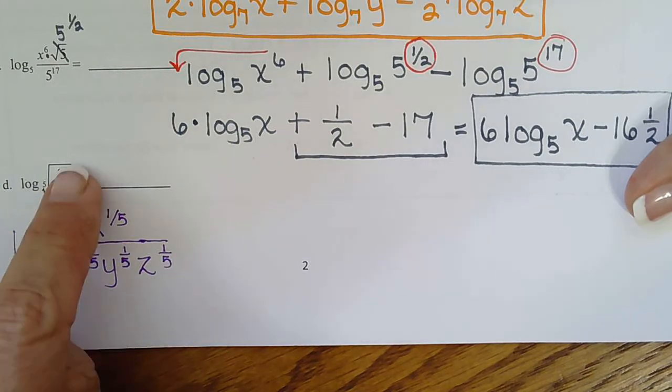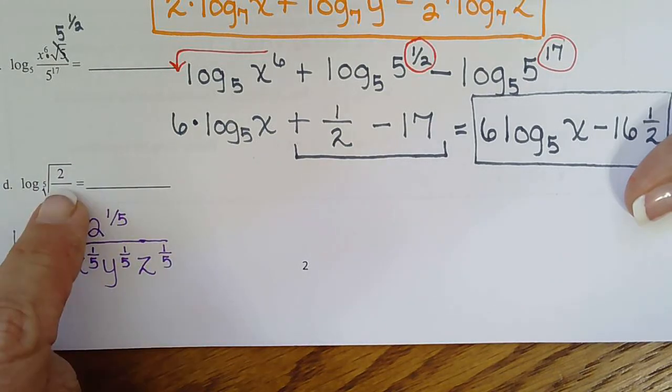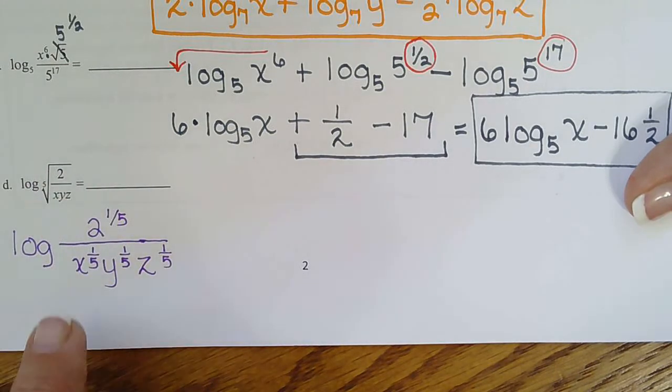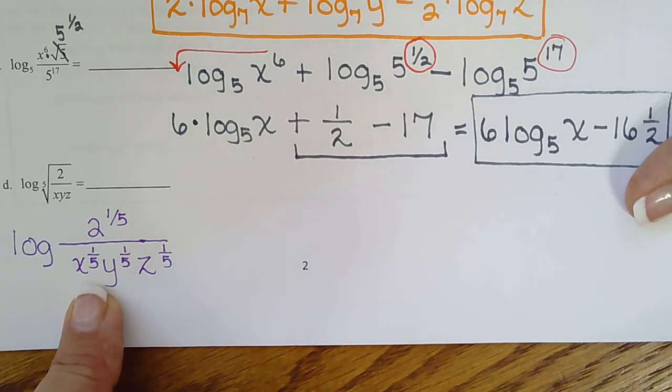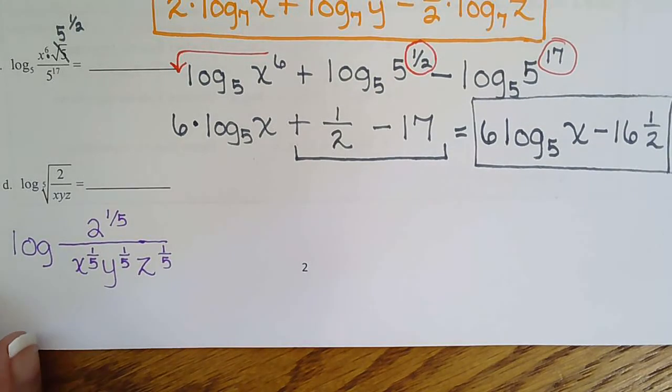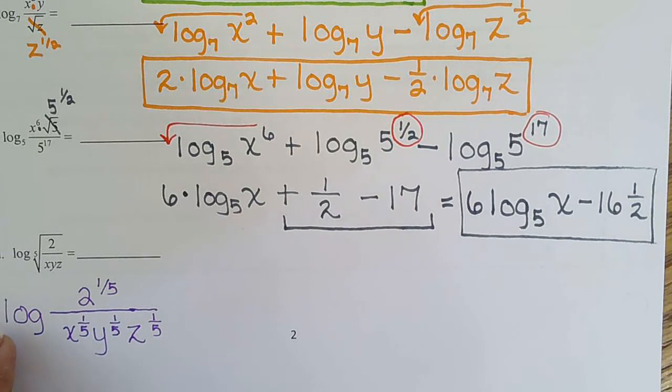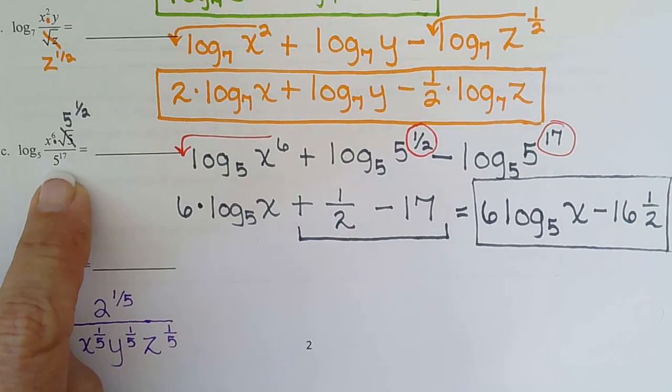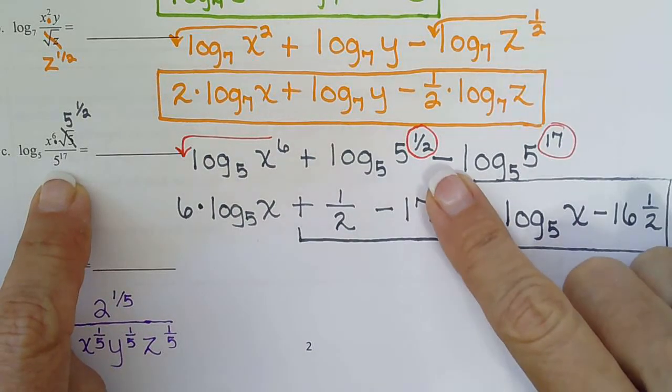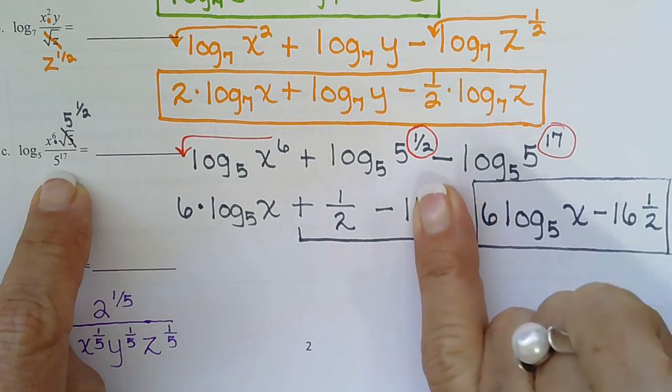So these are all 1/5, 1/5, 1/5, 1/5. So this is our new problem. 2 to the 1/5 over x to the 1/5, y to the 1/5, z to the 1/5. Okay, next, what I want you to realize is anything that was in the denominator of a fraction became negative because division is subtraction.